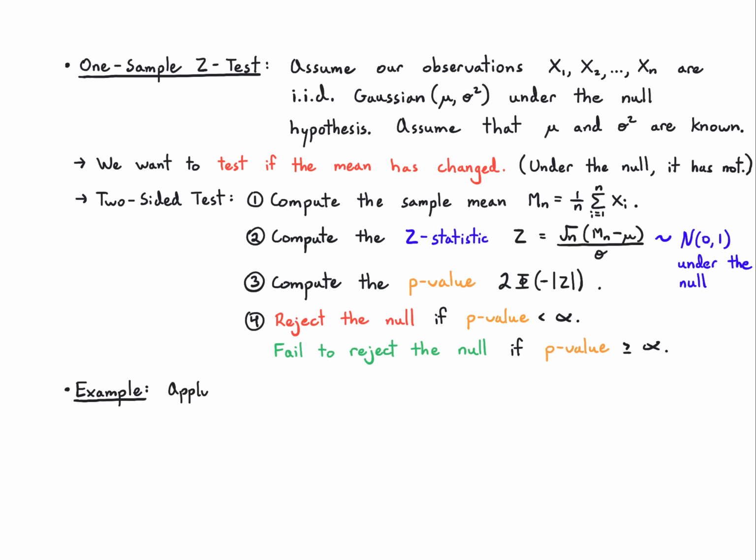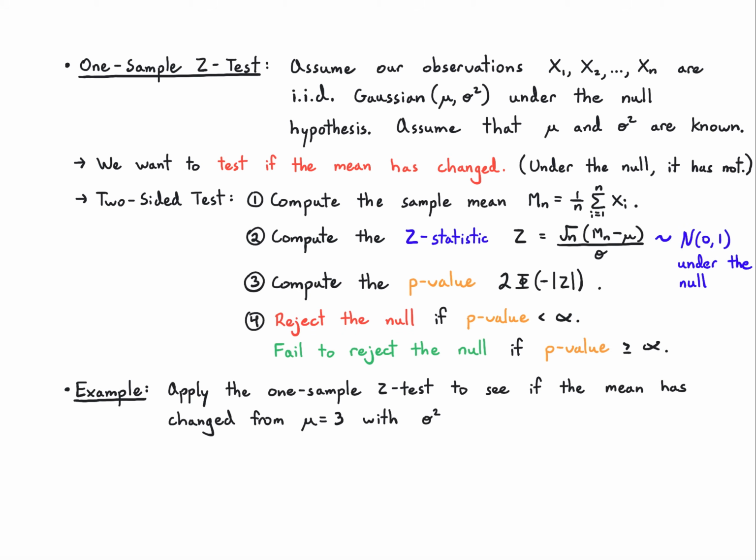So all we're going to do is apply this one sample z test. Our goal is going to be to see if the mean here has changed from a known value of mu equals 3. So we believe the mean in the null is 3 and the variance is going to be 4.